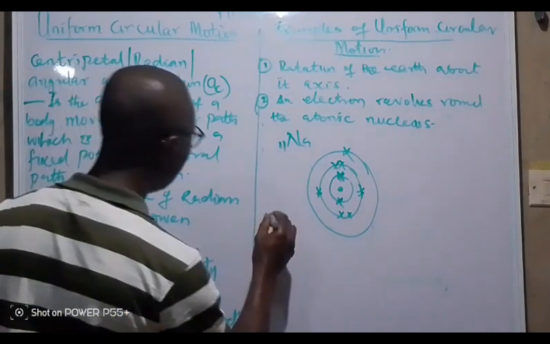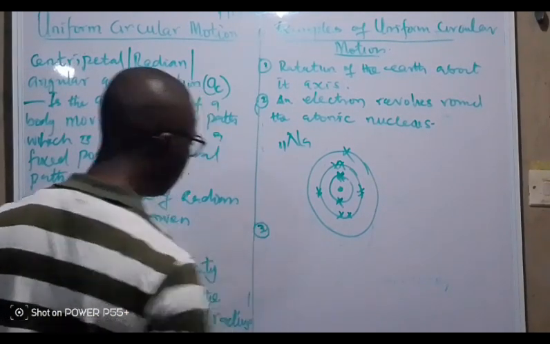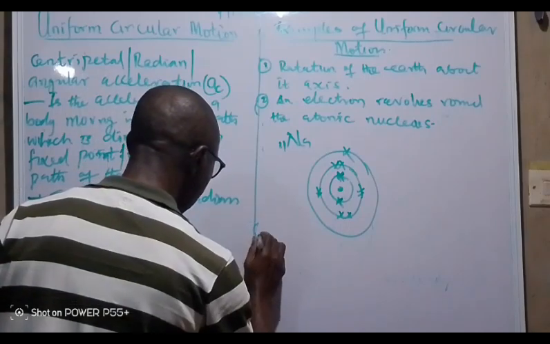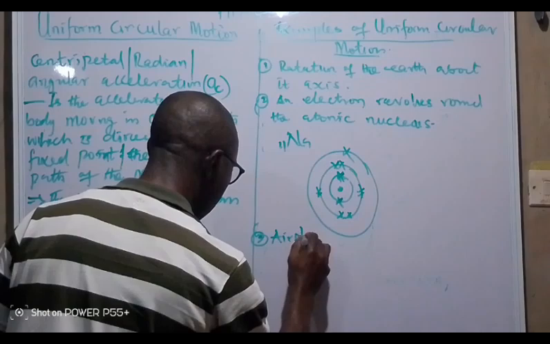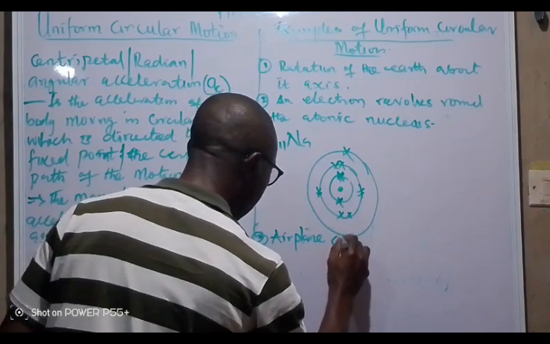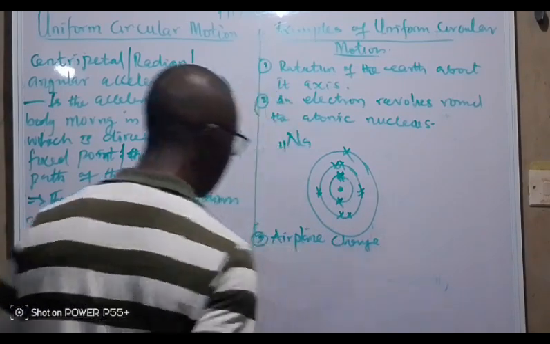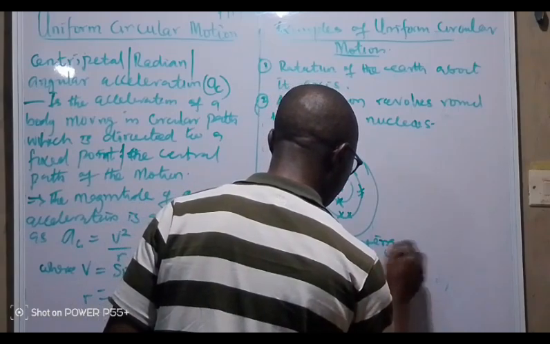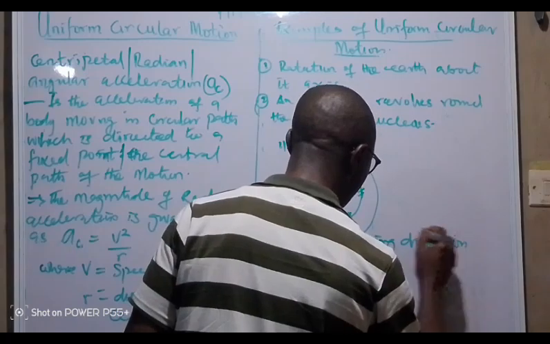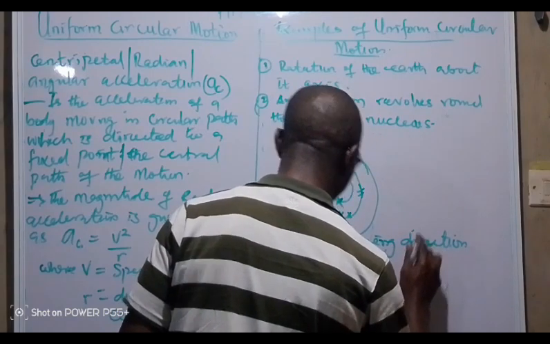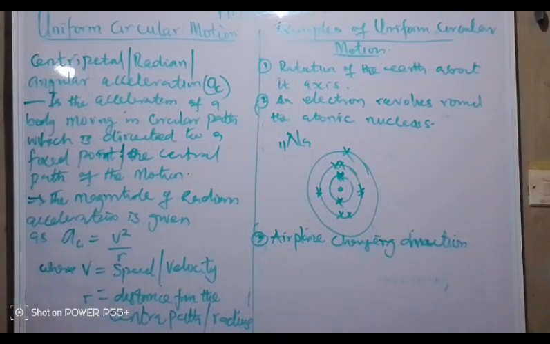Number 3 example: airplane changing direction. When an airplane changes direction, definitely the changing direction of any airplane is a typical example of circular motion.